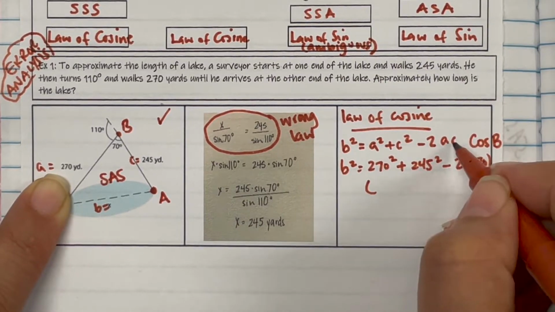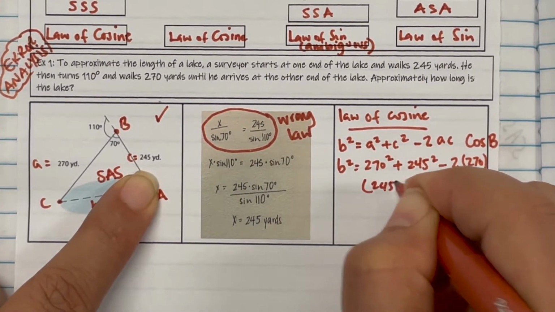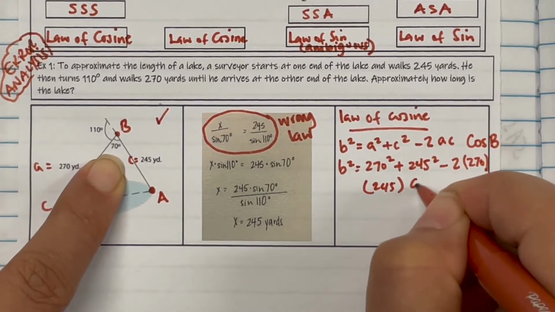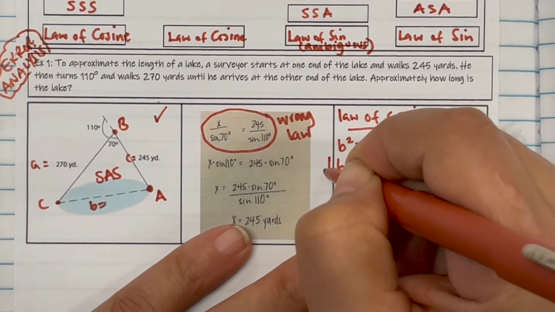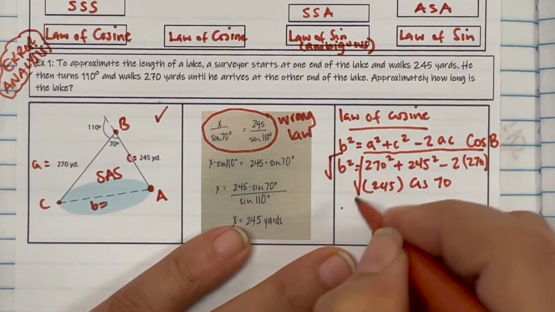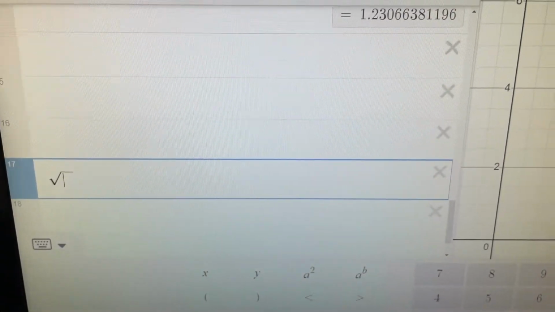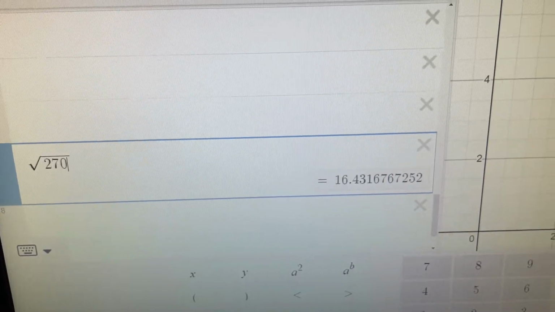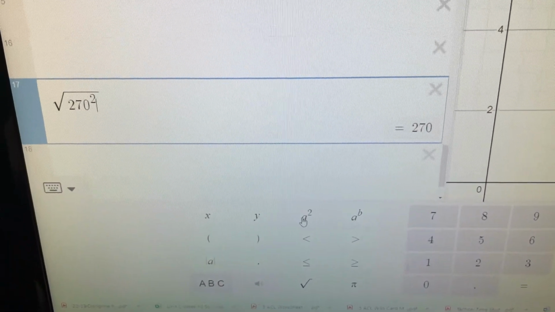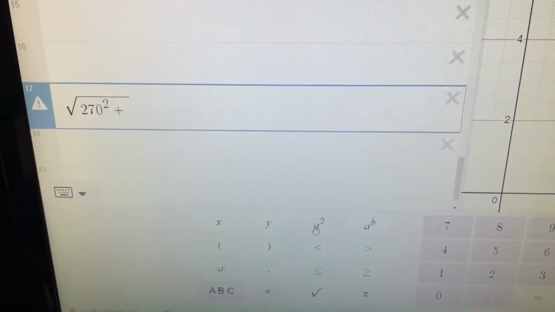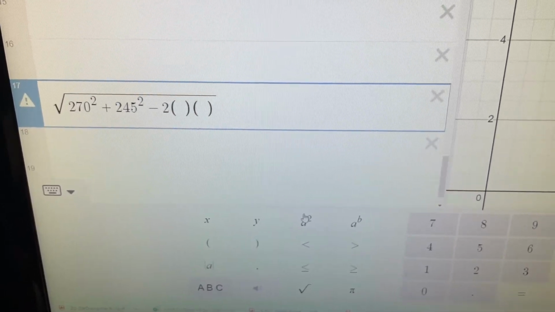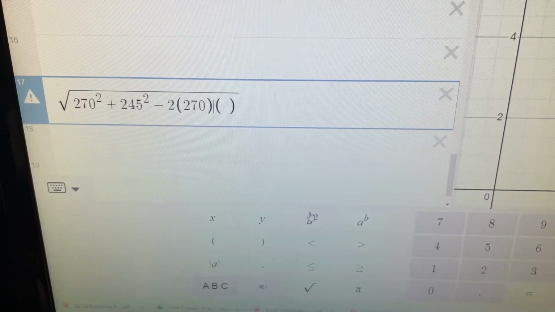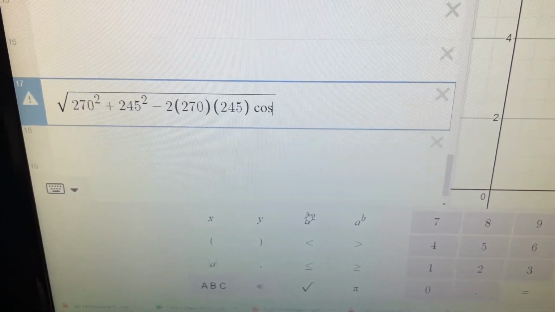This is a listening check. Color in the law of cosine. And then cosine of B, so cosine of 70. Now, in order to find b, I have to take the square root of both sides. And we're going to put that whole thing in the calculator, just like it looks. So square root of 270 squared plus 245 squared minus 2 times 270 times 245 cosine 70.